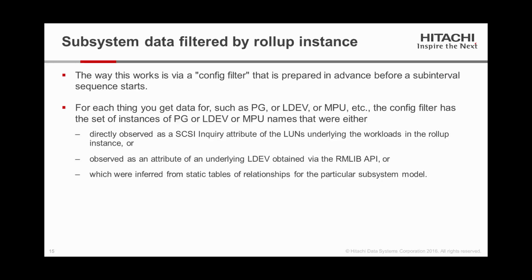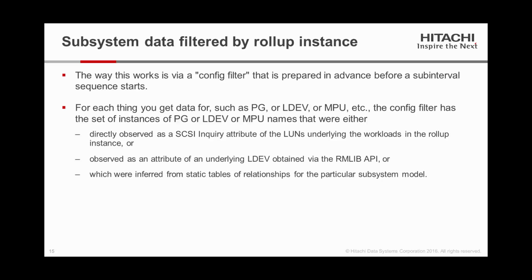The LDEV may have a pool ID, or it may be an internal parity group, in which case a parity group number, so that you can, directly from what the attributes of the LDEV are, as well as things that you can infer if you're knowledgeable about the subsystem, such as what is always connected to what, and those kinds of mappings. So we can have second or third level indirectly associated with subsystem elements.